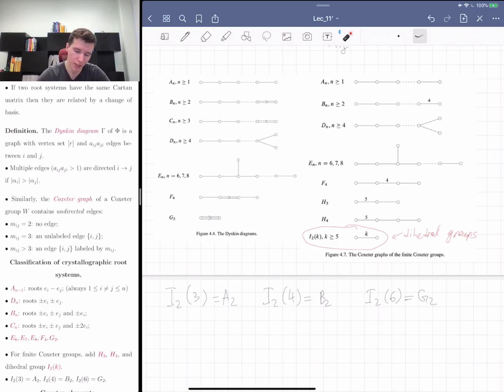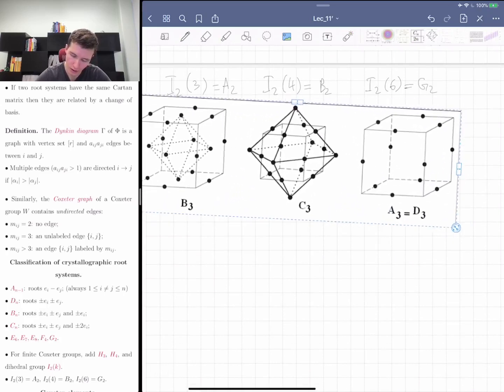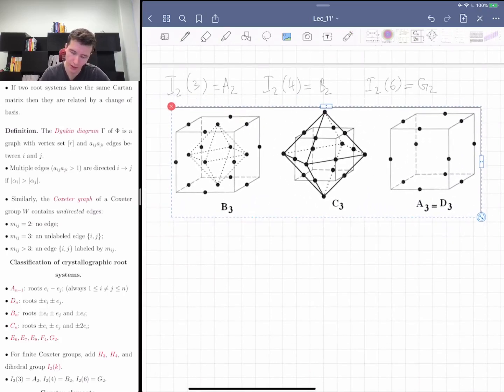Now let me finish by explaining these. What are these root systems A, B, C, D? These are called root systems of classical type. And so I have a picture of the three-dimensional ones. The description is that for A_{n-1}, you have all roots of the form e_i minus e_j, where I always assume that i is not equal to j.